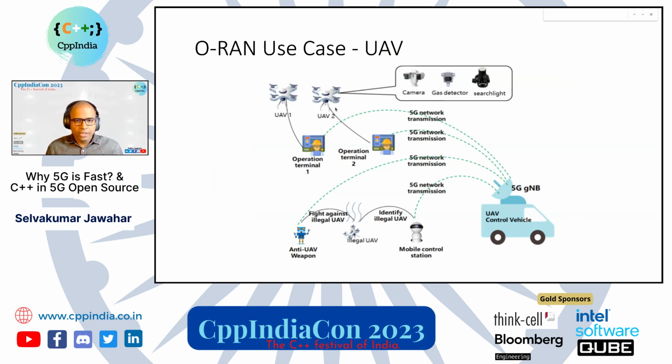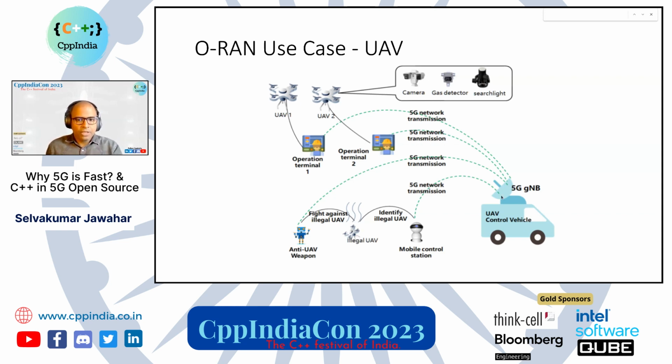And they are sending the image and video data continuously, uploading it somewhere using the GNB, using the 5G network. And here you have an anti-weapon UAV and a mobile control station. So this station identifies if there's an illegal UAV flying around, and it sends control messages to this anti-UAV weapon, which basically destroys this.